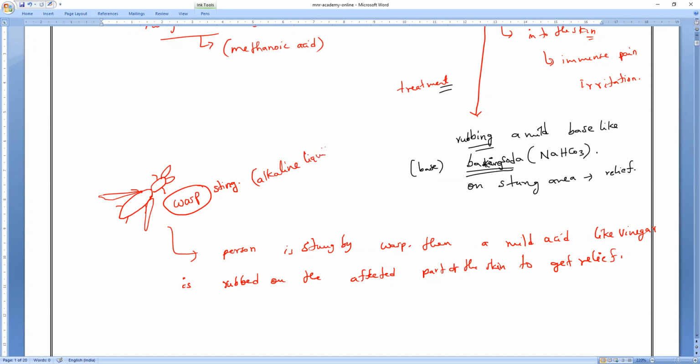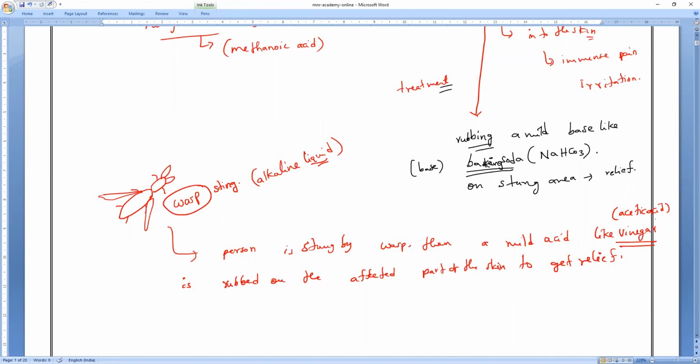It will secrete alkaline liquid, that is why we have to treat it with a mild acid, which is what? Acetic acid, vinegar. So again, same thing. Wherever the stung area is, you have to rub it with this acetic acid so that it will give relief. Is it okay, guys? Everybody?